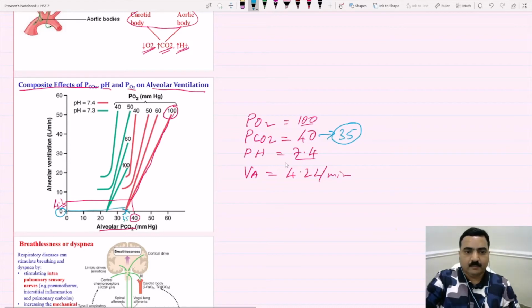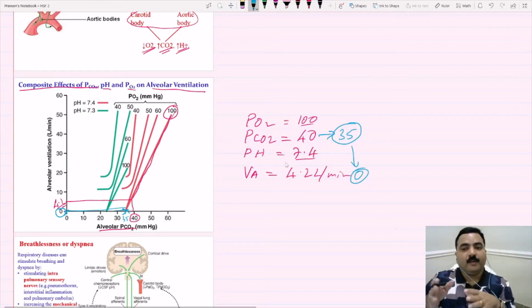That means because the PO2 is normal and the pH is normal, there is nothing to stimulate your peripheral chemoreceptors, and to stimulate the central chemoreceptor you need carbon dioxide. A minimum carbon dioxide is required, and if it falls below that minimum value, say from 40 to 35, the alveolar ventilation will stop.